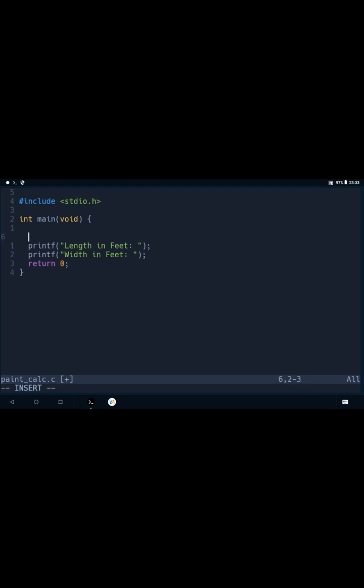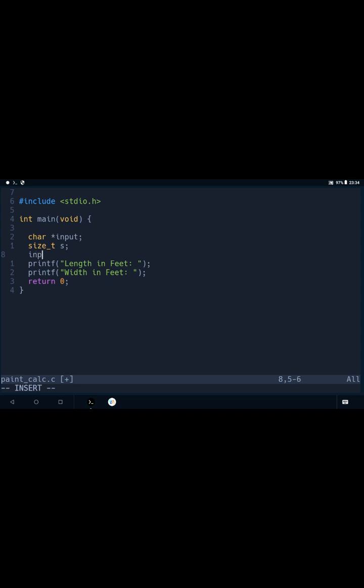Okay, getting my inputs. I'll call it size. I'll be using it to allocate the memory bytes for the inputs.